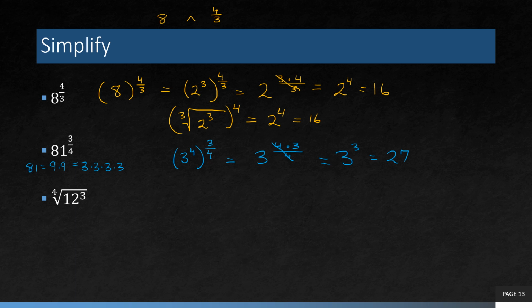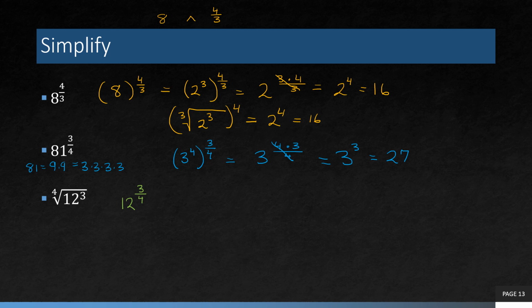For this last one, it doesn't work out super friendly, really, but I can rewrite it so I can put it in my calculator and get an approximate answer. So again, that base is still going to be 12. This is still the power, and the root goes like this.